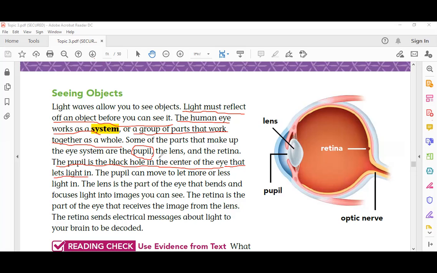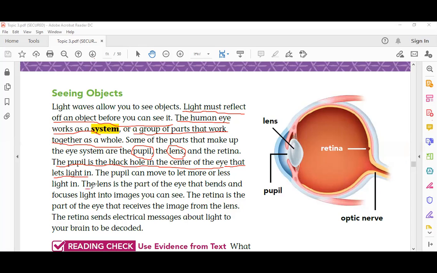The second part of the eye is the lens. Some people wear glasses. These glasses are made up of lenses. Lenses focus the light.